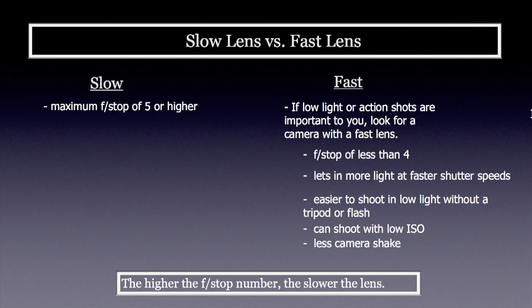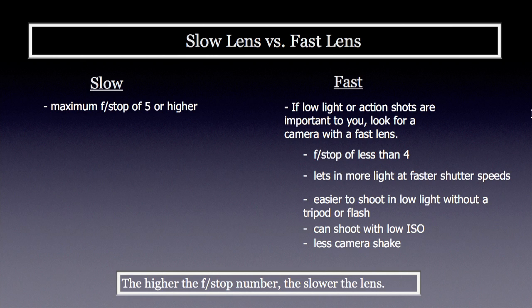Whereas a fast lens has an f-stop of less than 4, and it lets in more light at a faster shutter speed. It's easier to shoot in low light without a tripod or a flash. You can usually shoot with a lower ISO, and you get less camera shake. So if you're in low light or you want action shots or things like that, you may want to look at a fast lens.